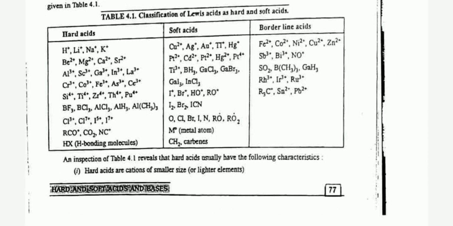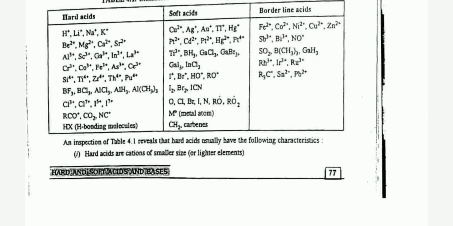Hard acids: H+, Li+, Na+, K+, beryllium 2+, magnesium 2+, calcium 2+, strontium 2+, aluminium 3+, scandium 3+, gallium 3+, indium 3+, La3+, Cr3+, etc. Soft acids include Cu+, Ag+, Au+, Hg+, platinum 2+, cadmium 2+, mercury 2+, platinum 4+, etc., and metal atoms, CH2 carbenes.